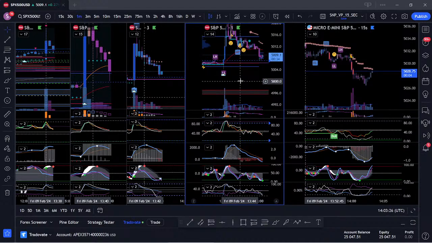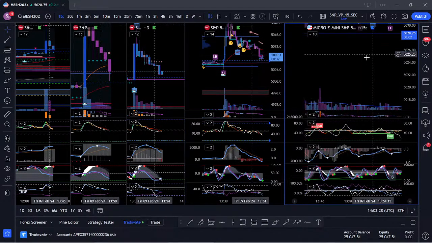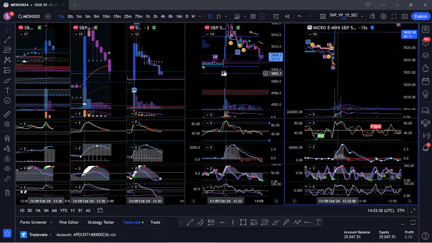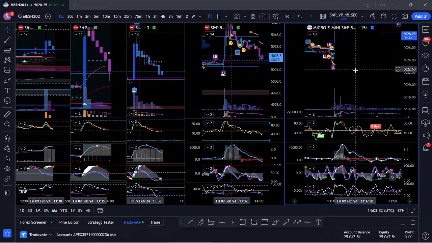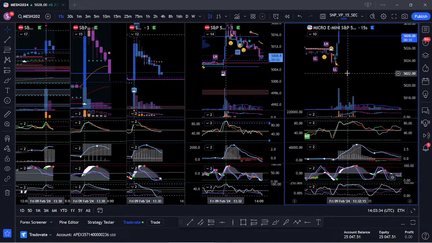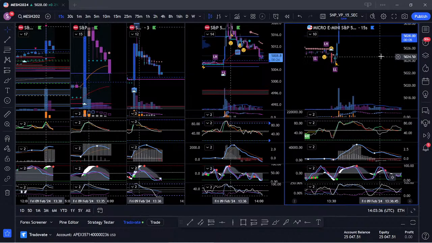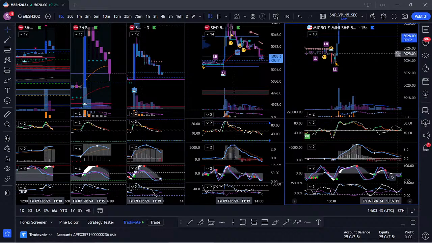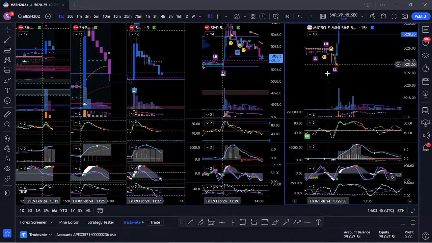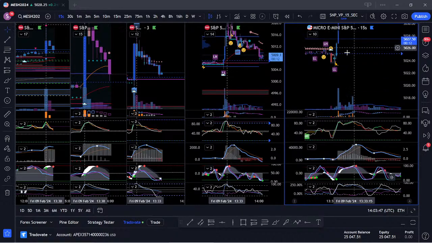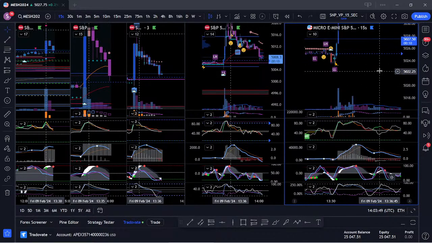Put that alarm there. And here we will do the discount, which is just below. It's just here. Anything below this line is considered very low, and then we should close our positions if we are in a trade.